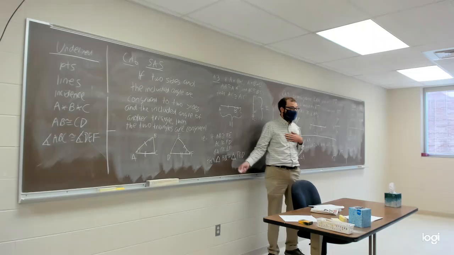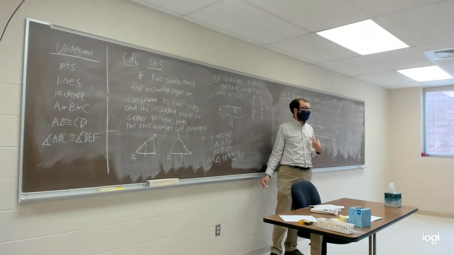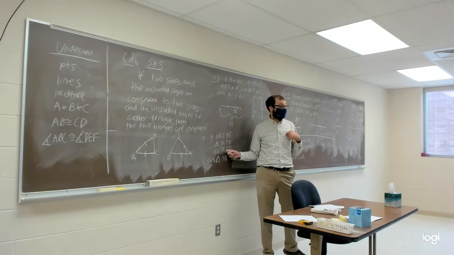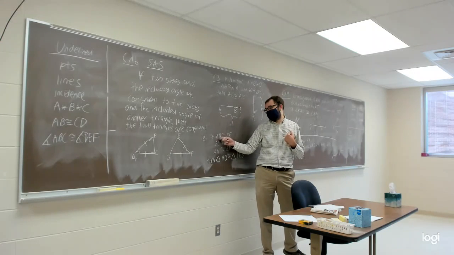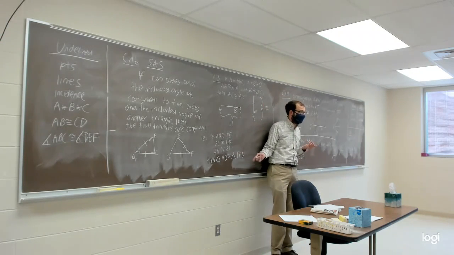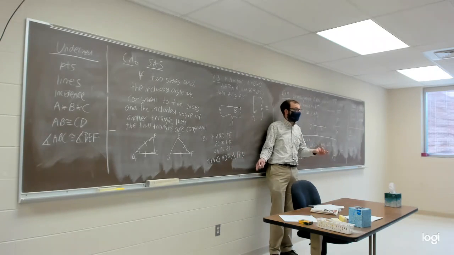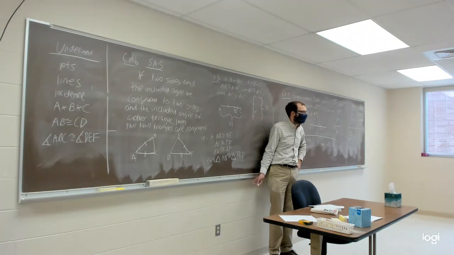If you have 3 of the 6 pieces of information you would need to say that these 2 triangles are congruent, these 3 types specifically, two side congruences, and the angle between those 2 sides match up, then that's enough to tell you everything else will automatically have to hold so that the triangles end up being congruent to each other.